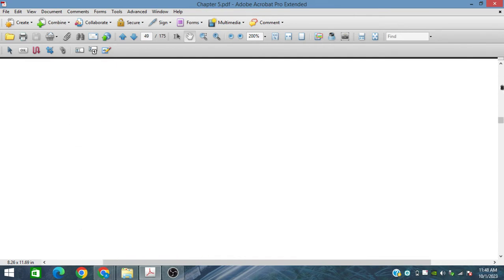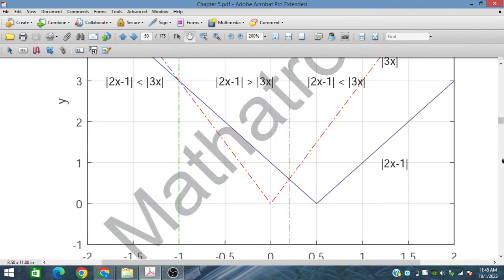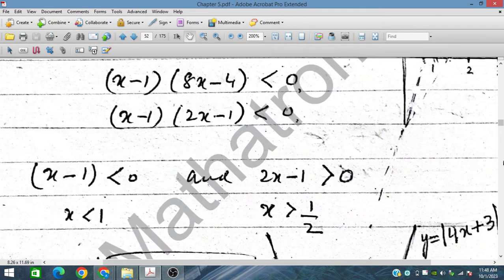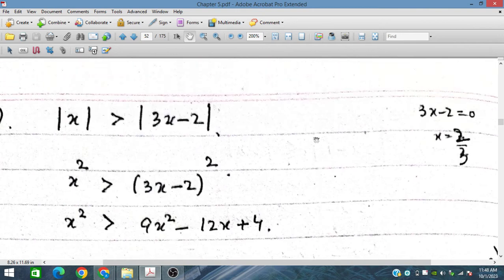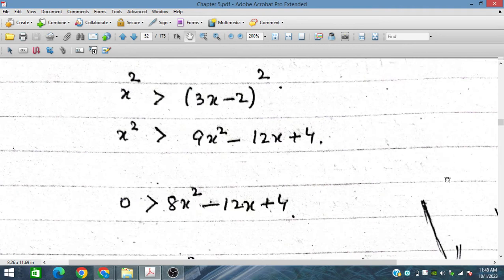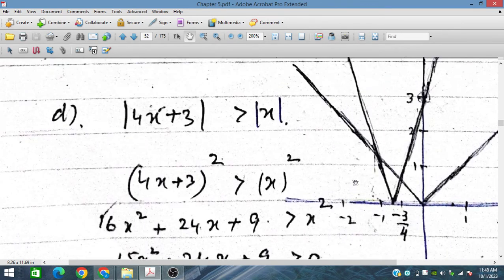Now let's go to the next question. Let's solve question D. This is modulus of 4x plus 3 is greater than modulus of x.